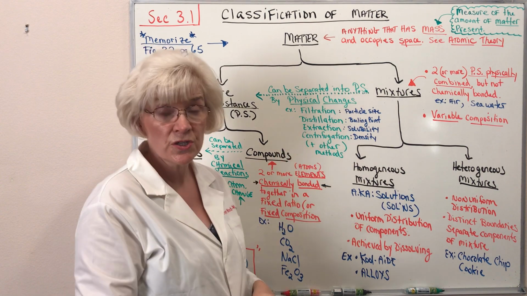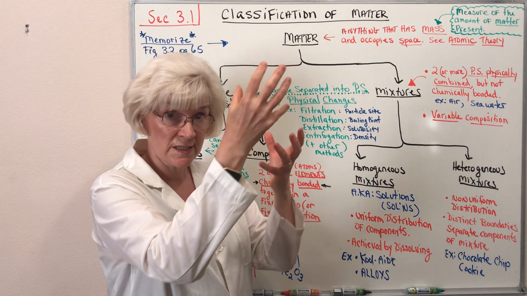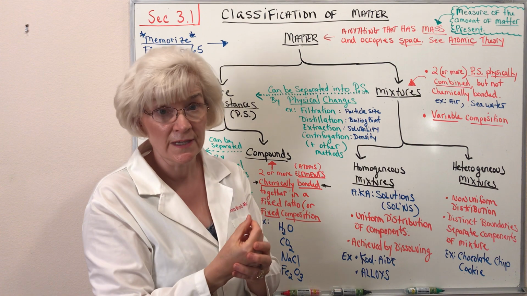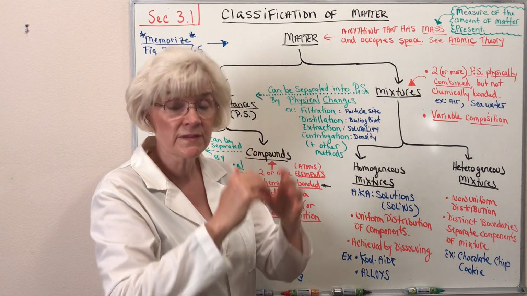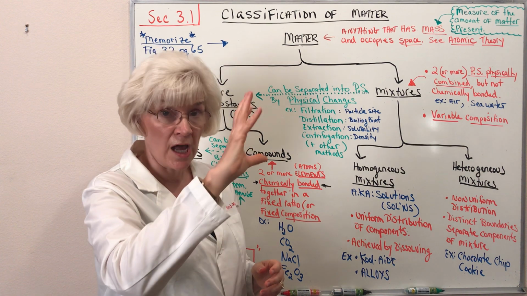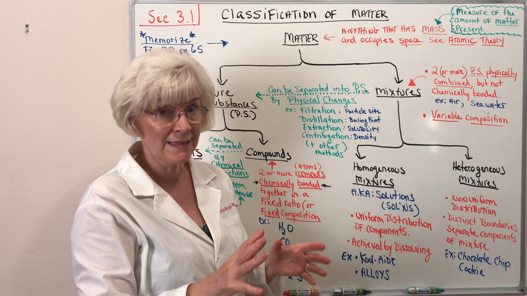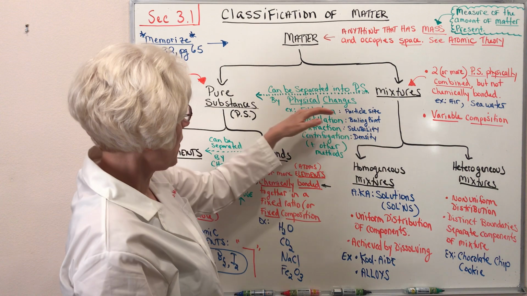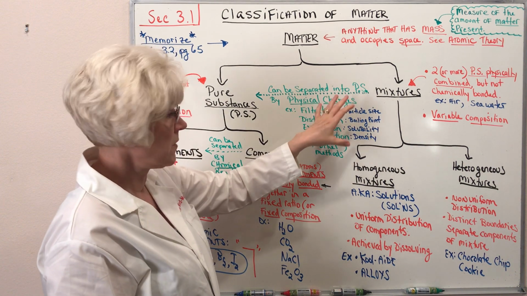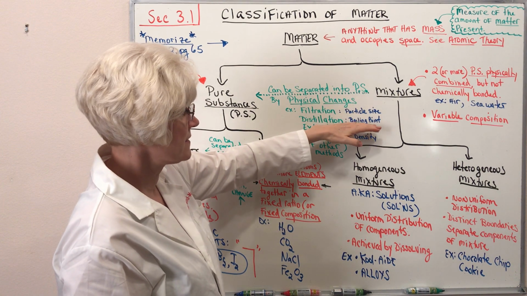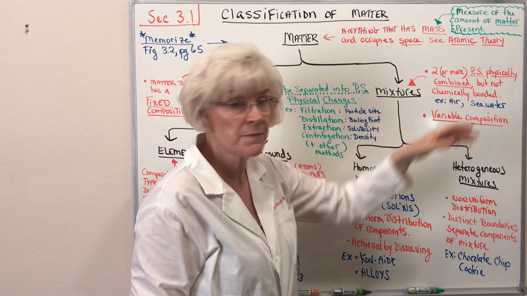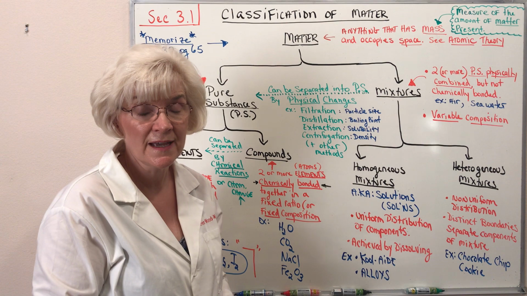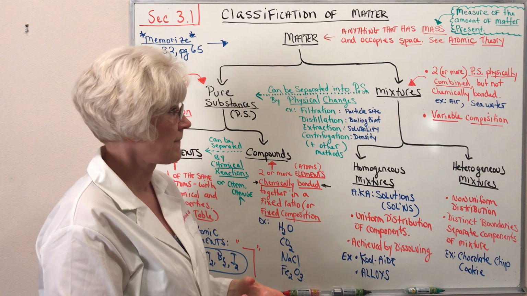Usually centrifuges are used to pull solids down to the bottom of the container because they typically are more dense, and leave the liquid component of the mixture on top, which is typically less dense. So all of these physical changes, one more time, are taking advantage of differences in physical properties of the pure substances that are combined together in the mixture.